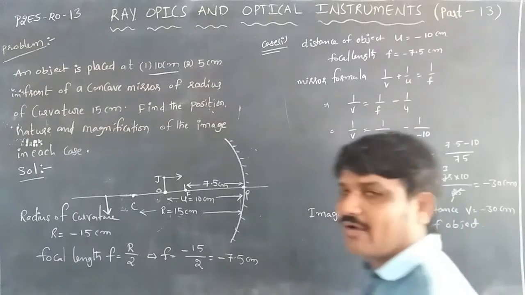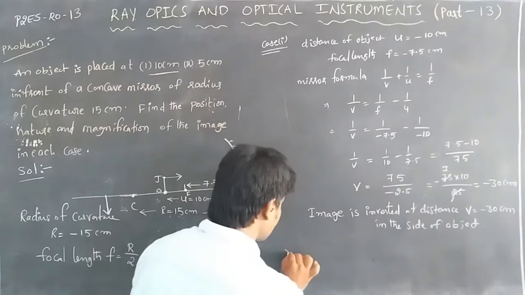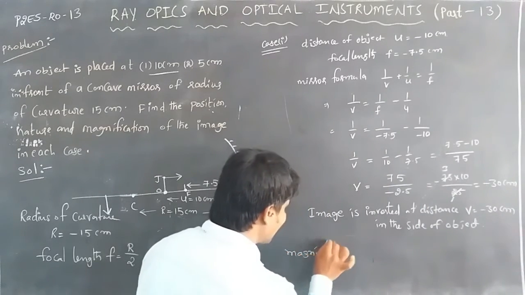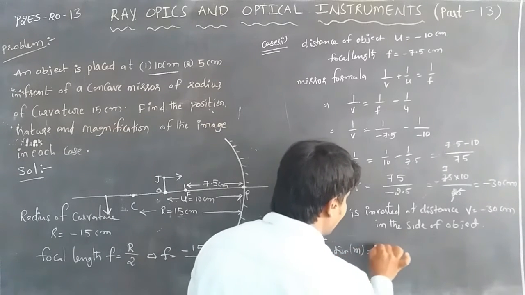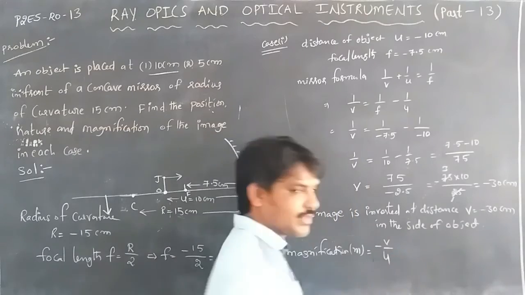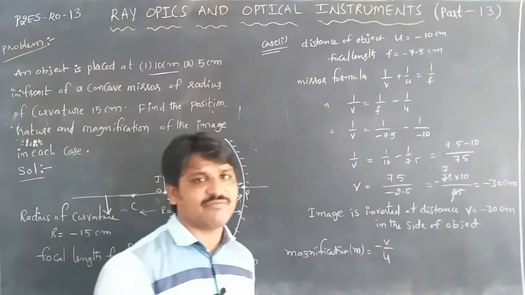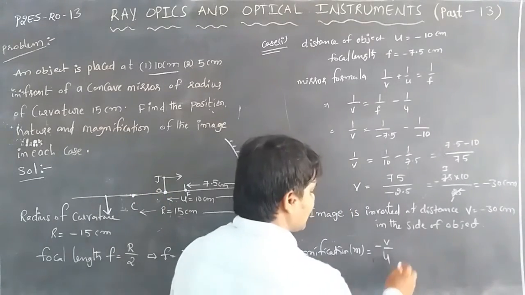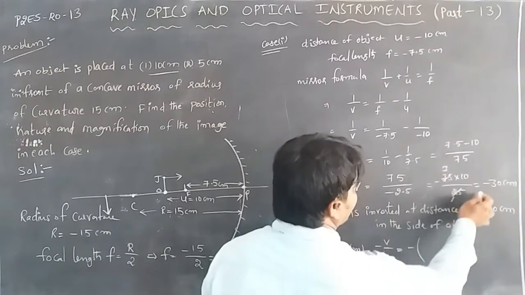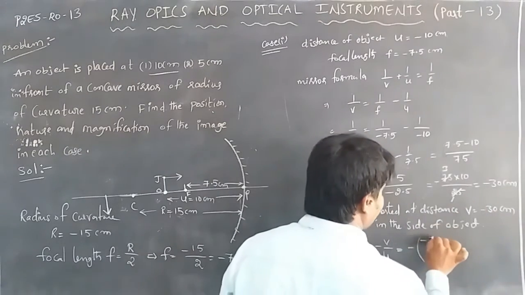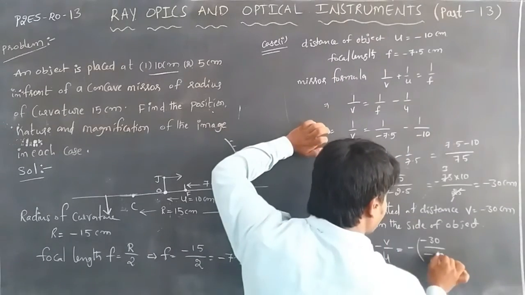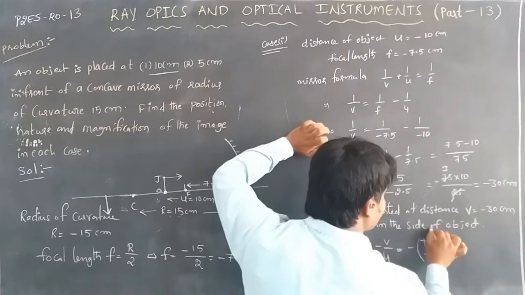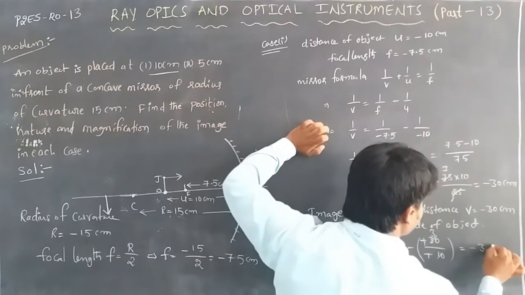Then what is the magnification? The magnification m is equal to minus v by u, which is the formula for a concave mirror. So m is equal to minus of v by u, where v is minus 30 and u is minus 10. The minus signs get cancelled, 10 ones are 10, 10 threes are 30, so we get minus 3.